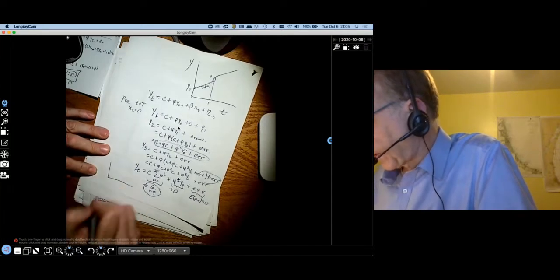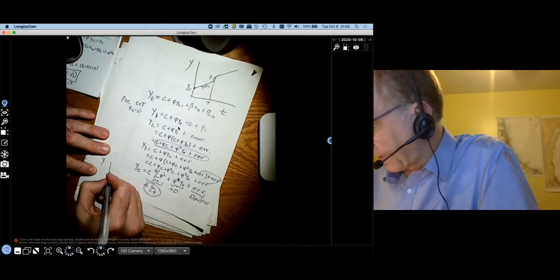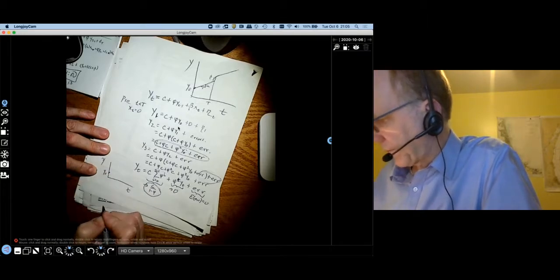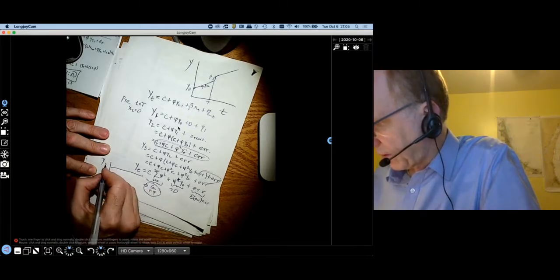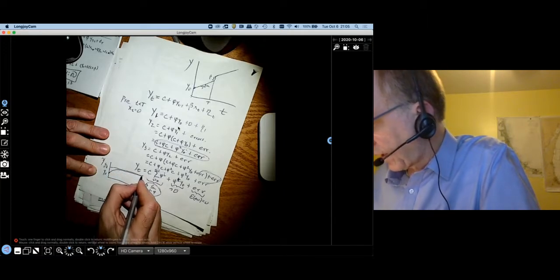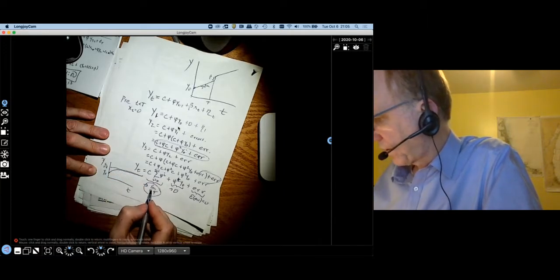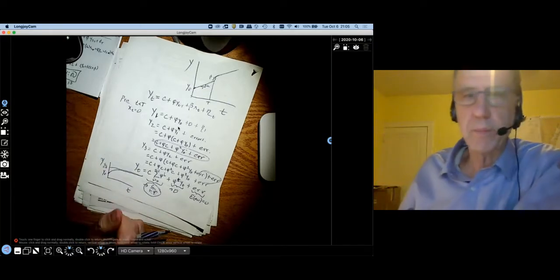So the function is going to look something like this. Here's t, here's yt, this is my y naught value, and there's going to be an asymptote at c over 1 minus phi that we approach with that rate. So that's going to tell us how fast we get up to that asymptote.